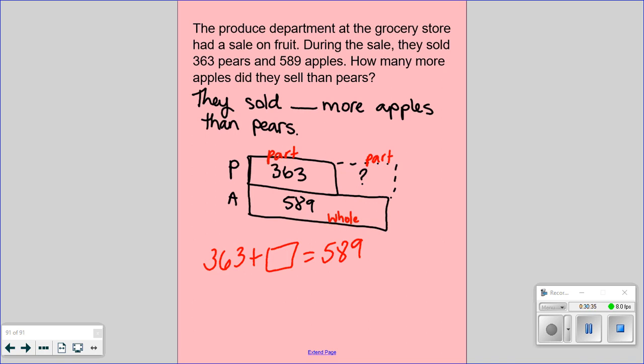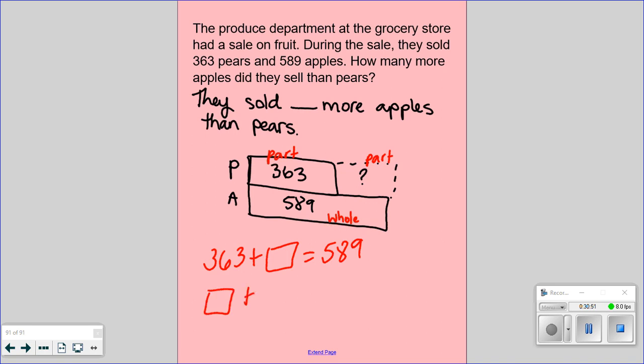Could I rearrange my parts? Could I add my parts in a different order? Let's do it. What would be my first part then? Kaden? Mystery number.